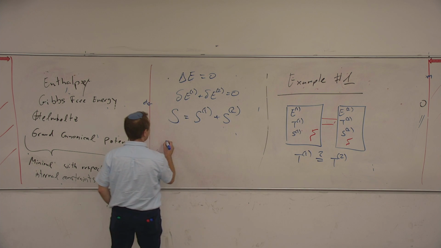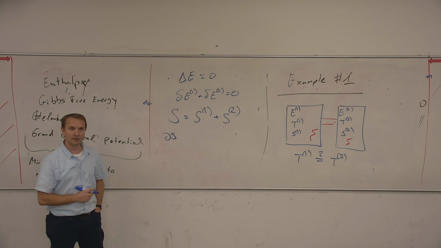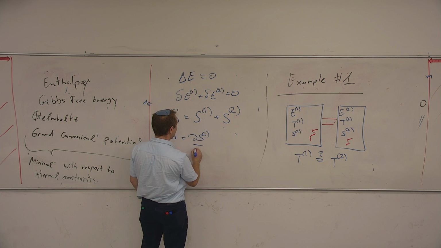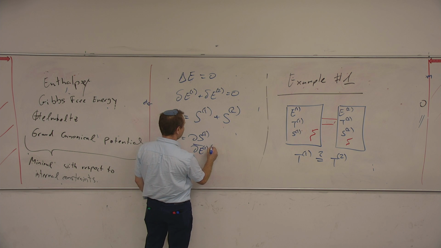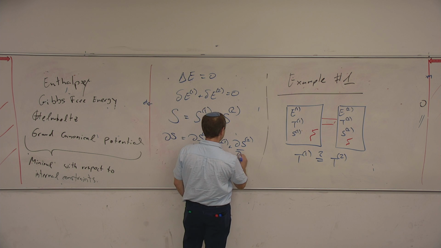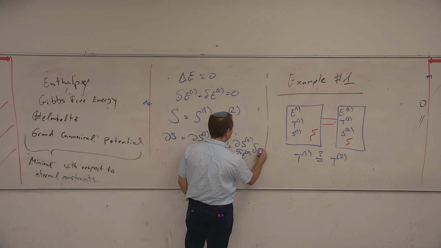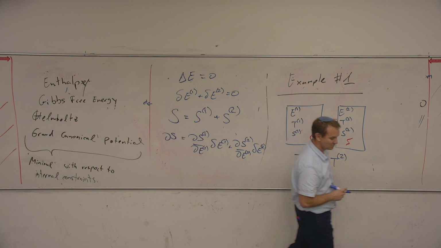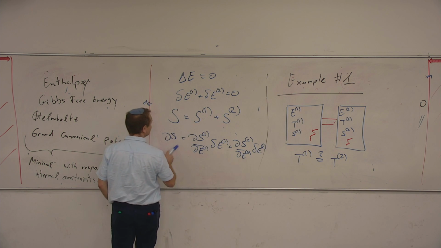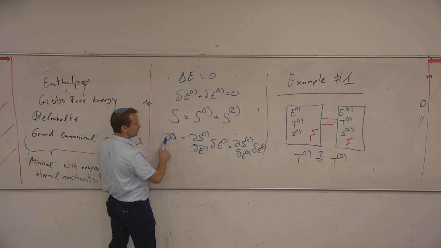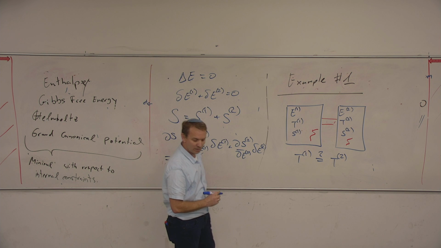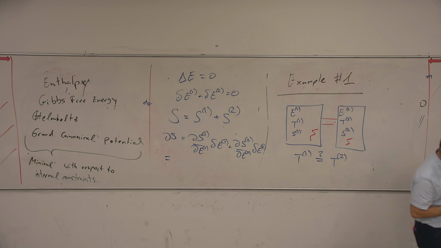Okay, so what is the change of my entropy? This is dS1/dE1 delta E1 plus dS2/dE2 delta E2. I perform some sort of modification, so there is some change in the entropy, and I can describe it by writing the partial derivatives, because everything else is constant.